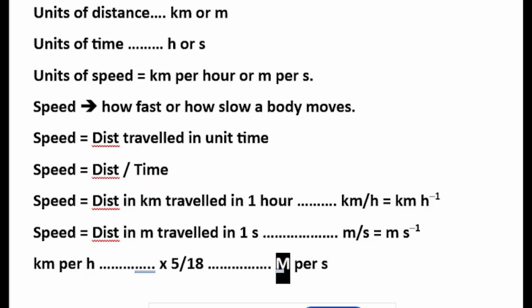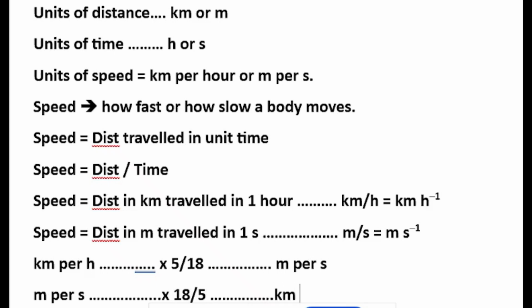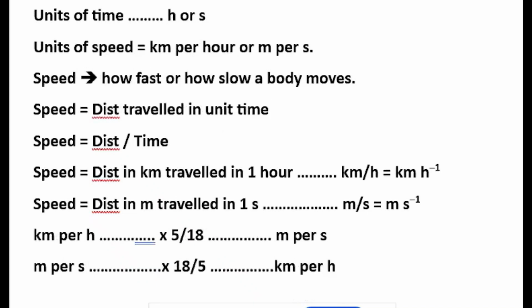And if it is the reverse, if it is meters per second, then you multiply it by the opposite, 18 by 5, then you will get kilometers per hour. And if any other unit is given, like minutes or days, then you convert into hours or seconds according to how it is asked.